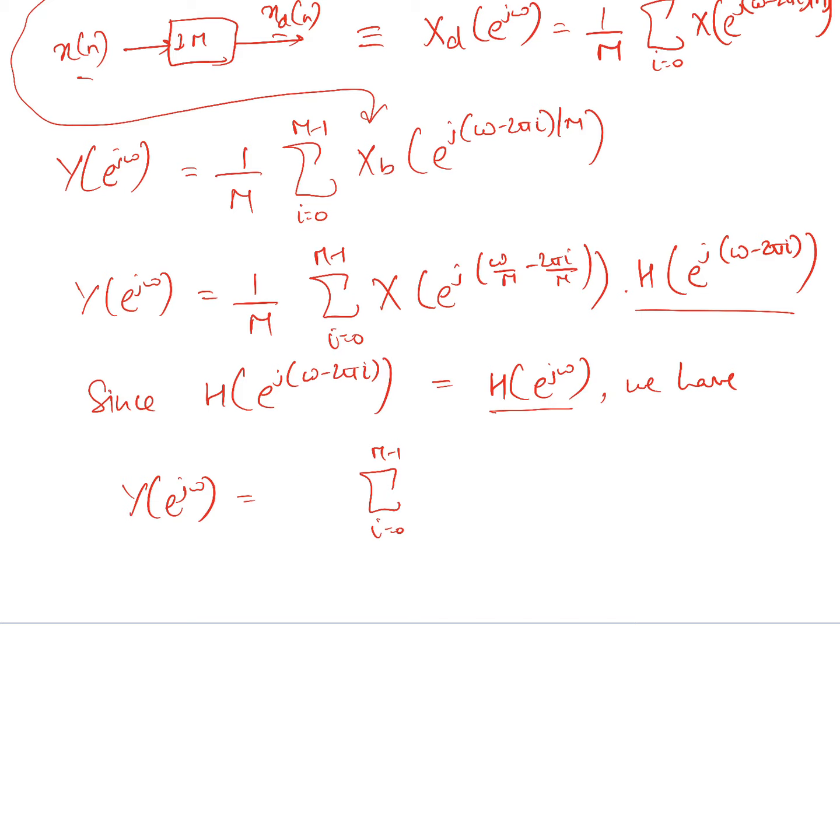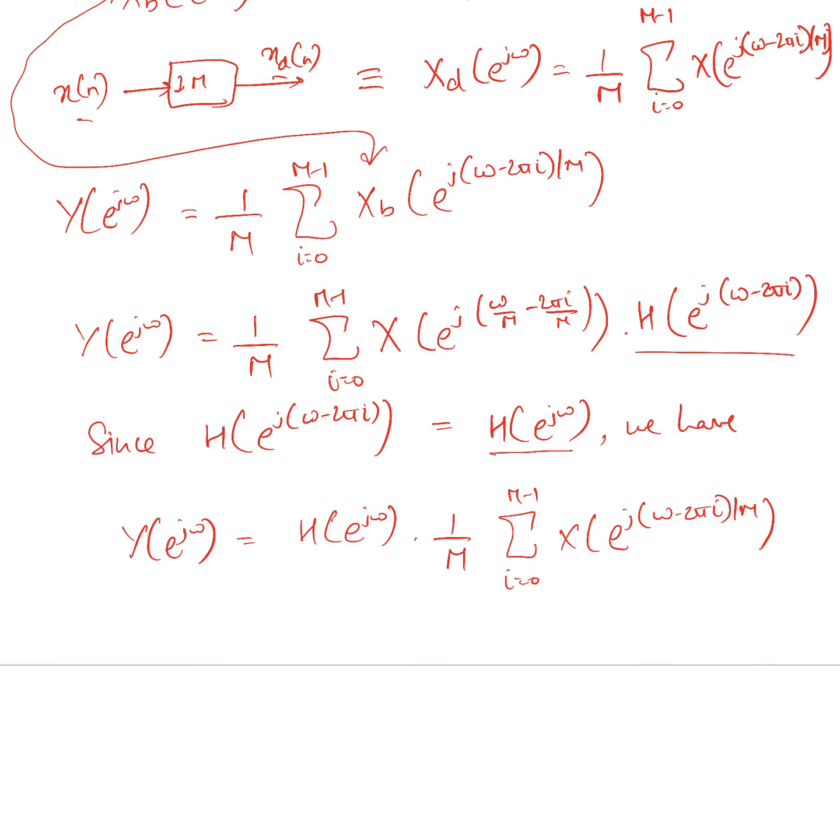Let me rewrite it once again. It would be equal to, by taking this factor out of the summation, H of e to the power j omega times 1 by m, i equals 0 to m minus 1, X of e to the power j omega minus 2 pi i by n.